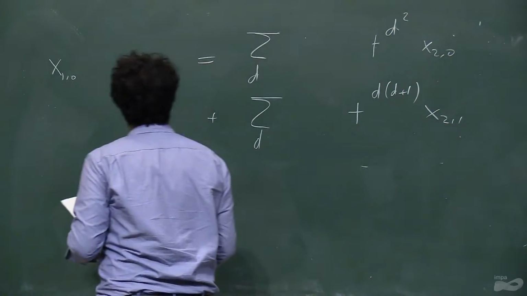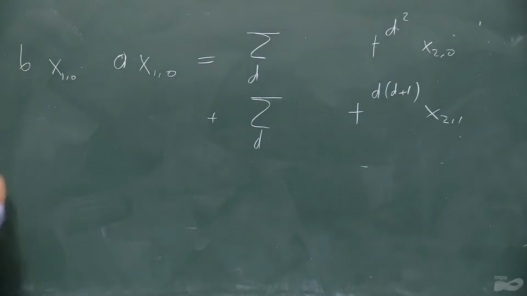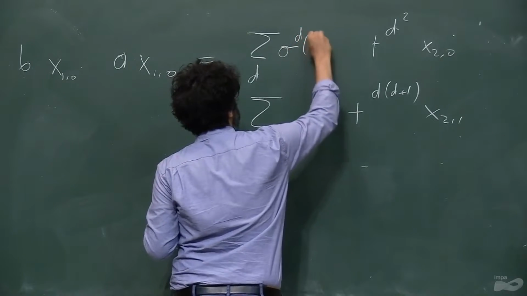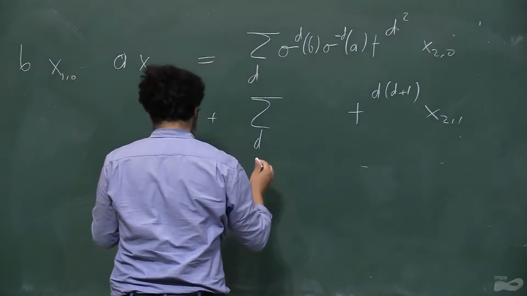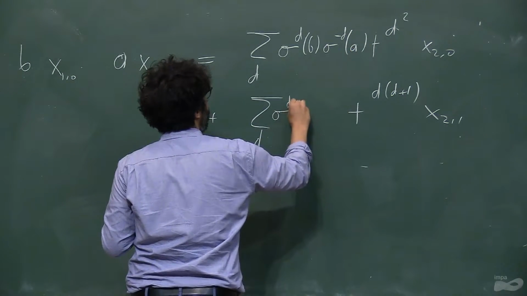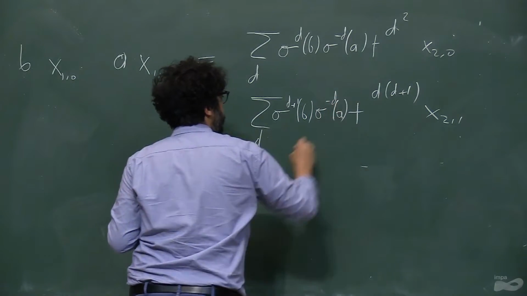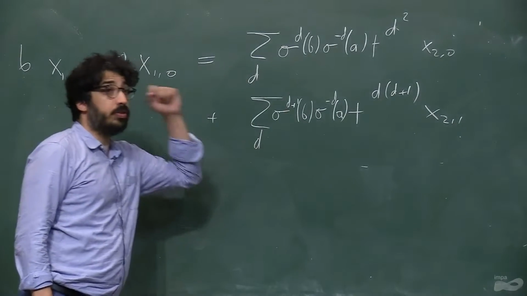But now we modify this. We have an A here, we have a B here, and if you compute this, you get sigma d to the B, sigma minus d to the A, and sigma d plus 1 to the B, and sigma minus d A. Okay? So all of these triangles have different p power contributions.